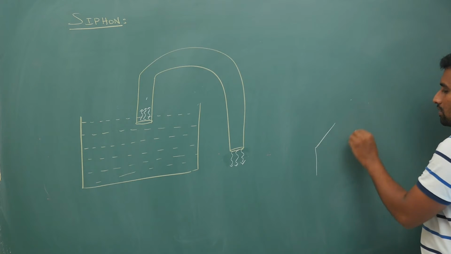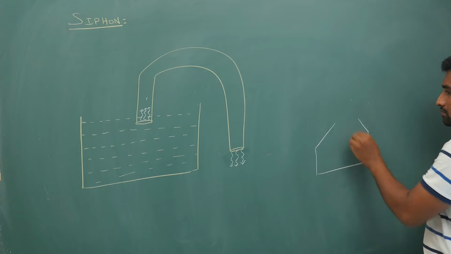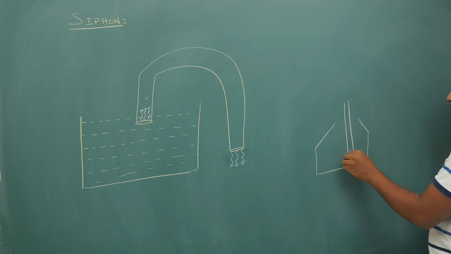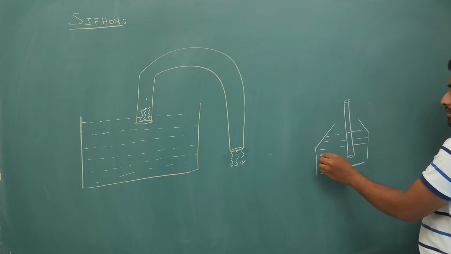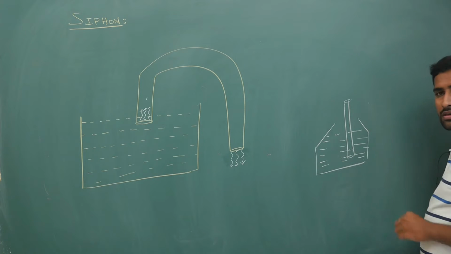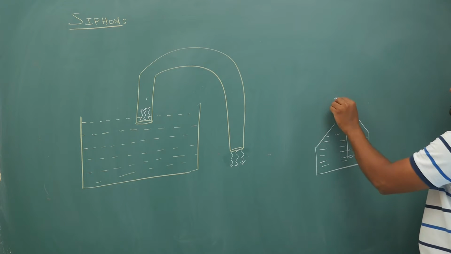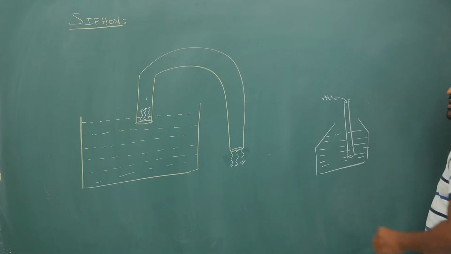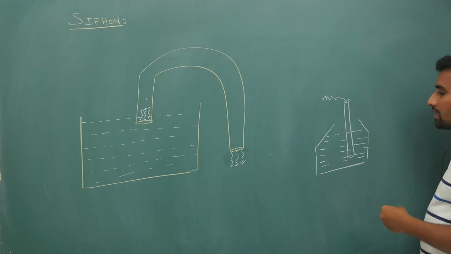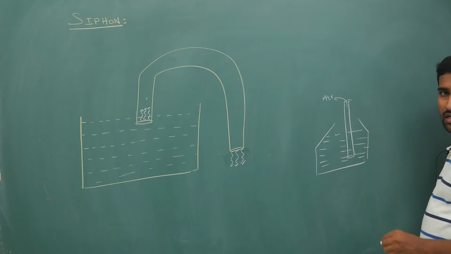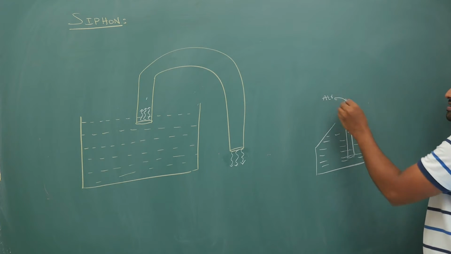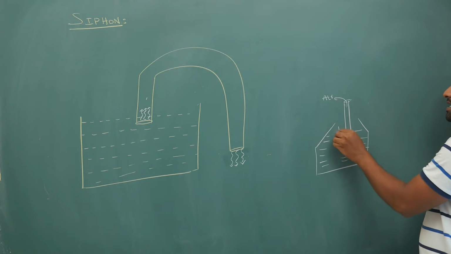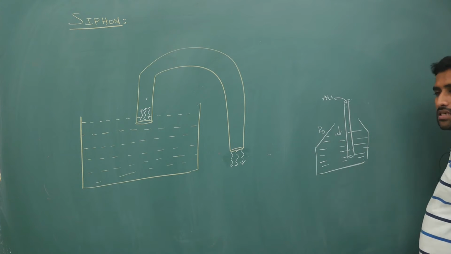In the cold drink bottle, when you have the drink inside this tube, you will suck the air out. Initially this liquid will be at atmospheric pressure P0 when you are dipping it.